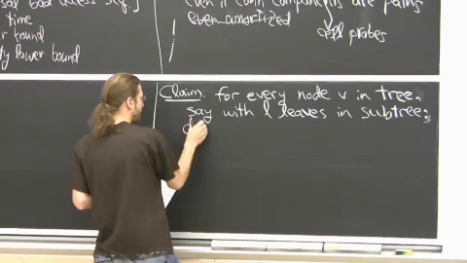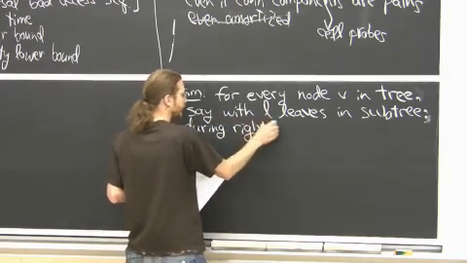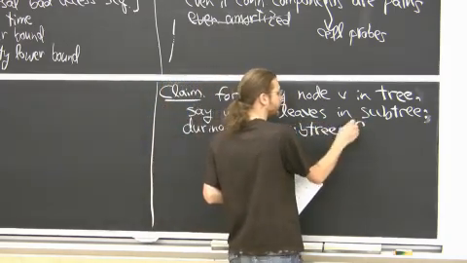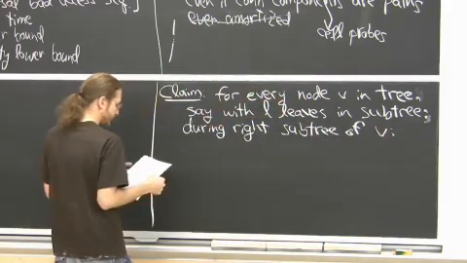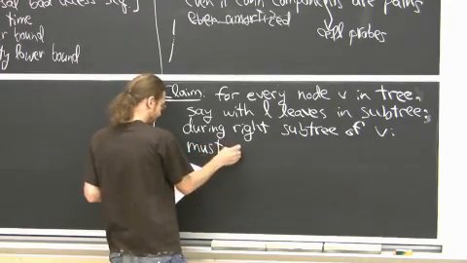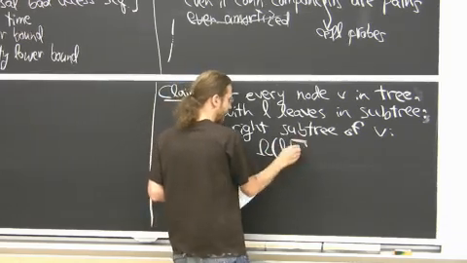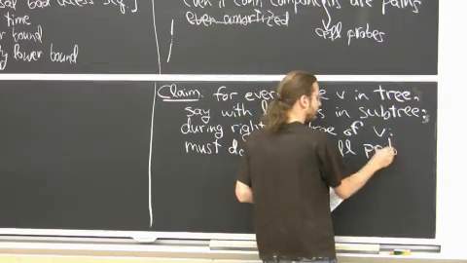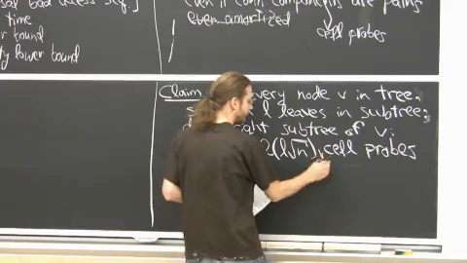Here's what we say. During the right subtree of V, so right subtree corresponds to an interval of time. So we're talking about those operations done during the right subtree of V. Claim is we must do omega L root n cell probes, expected cell probes.